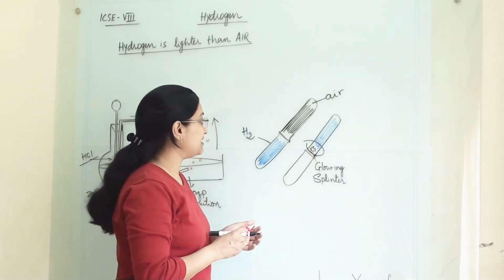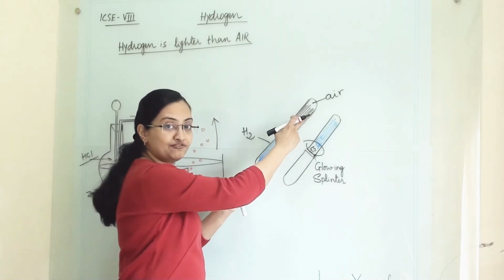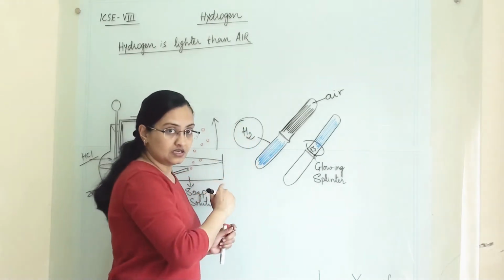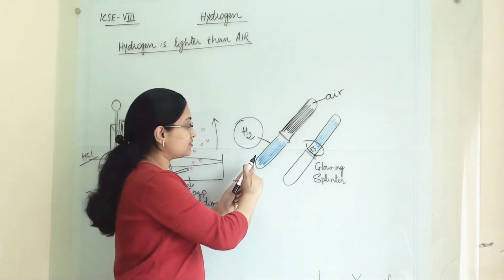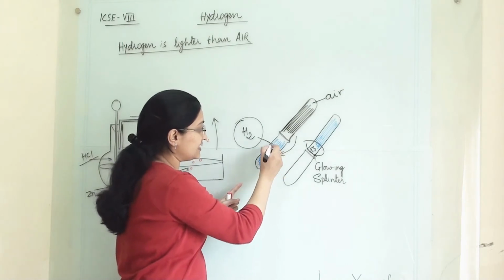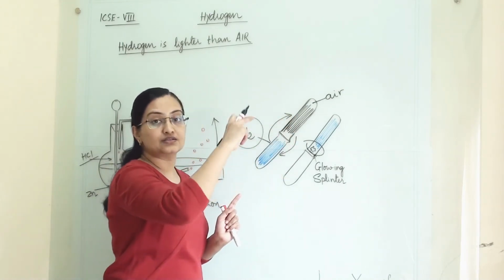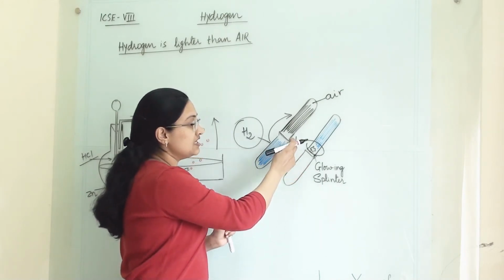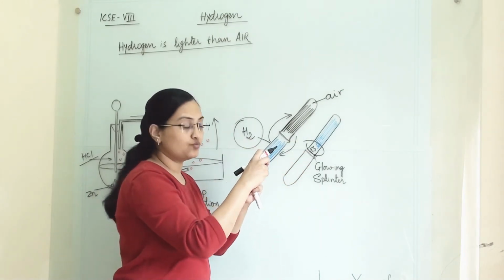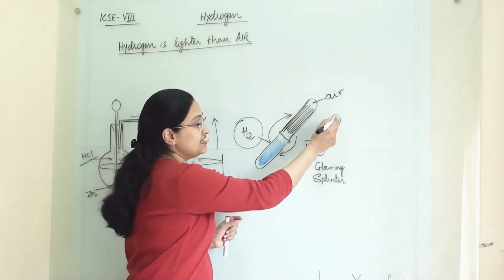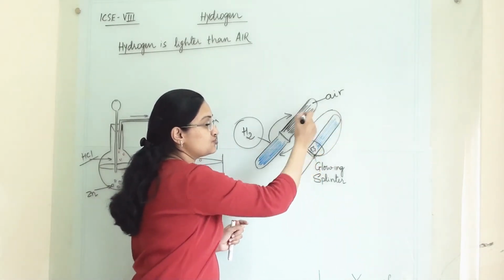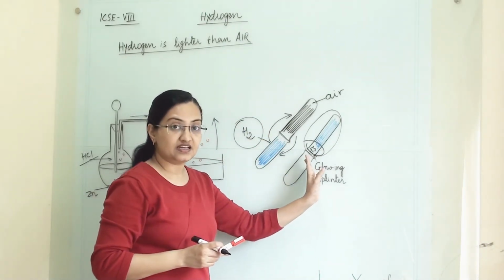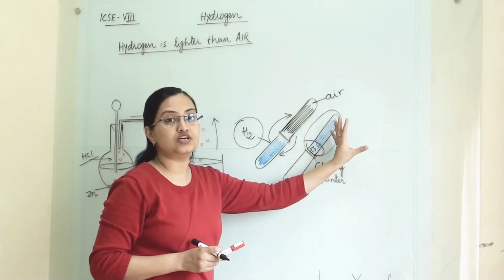So what has happened is, when you placed the air-filled test tube on top of the hydrogen gas, hydrogen gas is lighter than air, so air has come down and the hydrogen gas has gone up. So when you take a glowing splinter in between the two test tubes, you can see a spark near the test tube which remained at the top, because hydrogen gas is lighter than air and it has shifted towards the top.